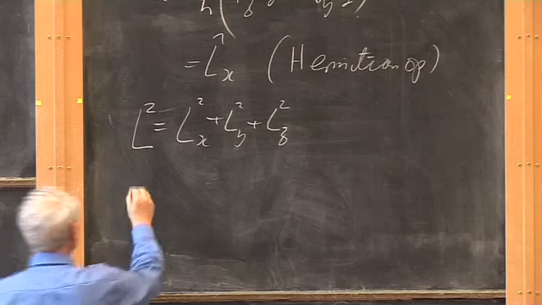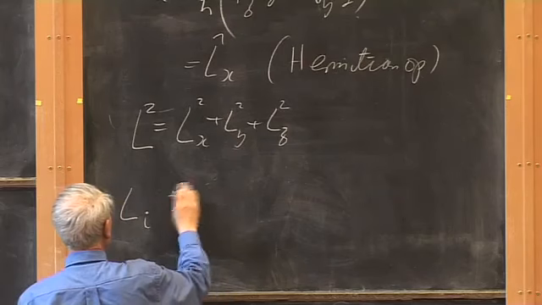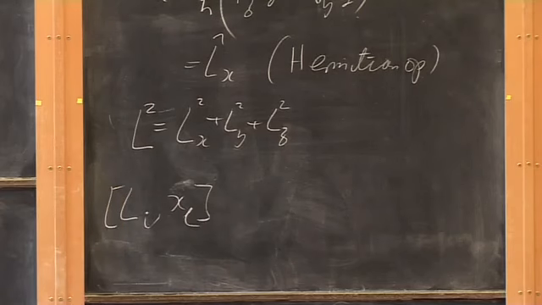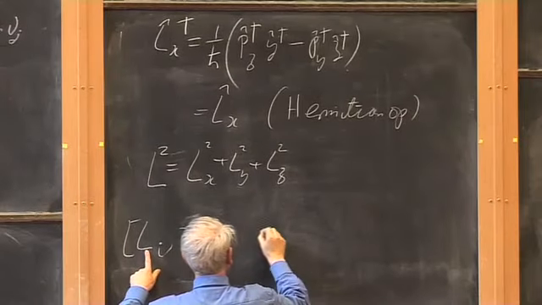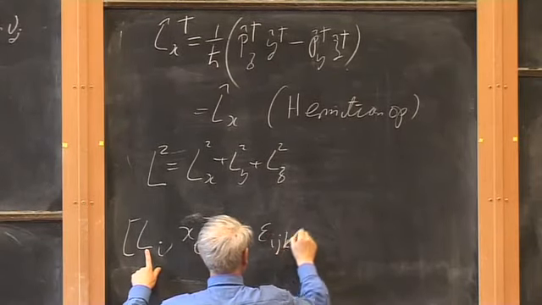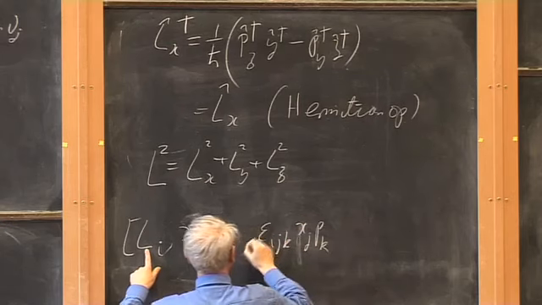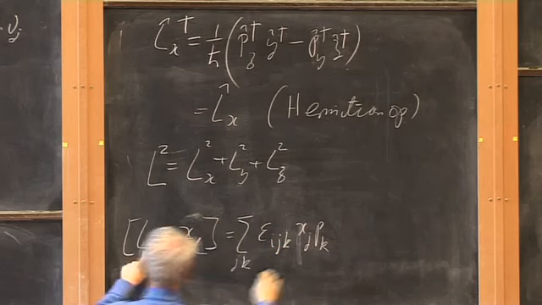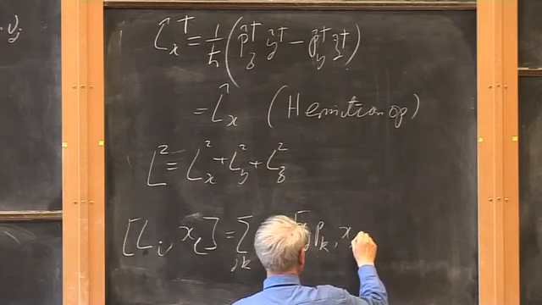And let's do Li with xl. Well, mind if I leave off these hats now? We're thoroughly stuck into quantum mechanical operators. So what's this commutator? Well, we should write down what this is. This is epsilon ijk xj pk, summed over j and k, and this is the commutator on xl.